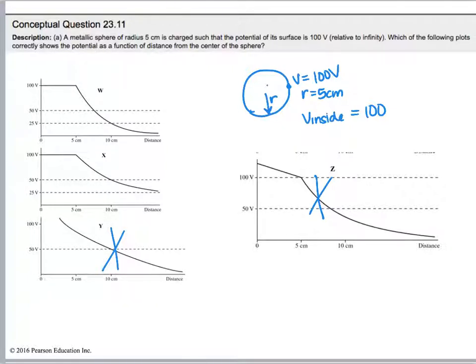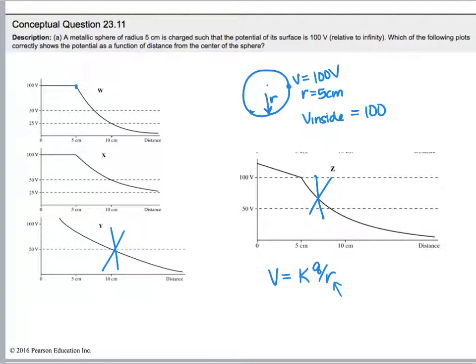The potential outside is going to look like that of a point charge. So we can use that because it's going to fall off as 1 over r. When we're at 5 centimeters, it has a value of 100. Then, what's going to happen when we get twice as far?